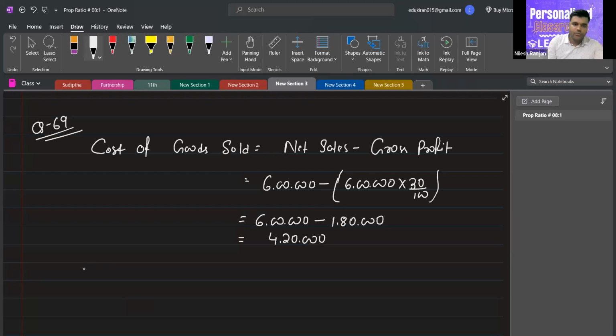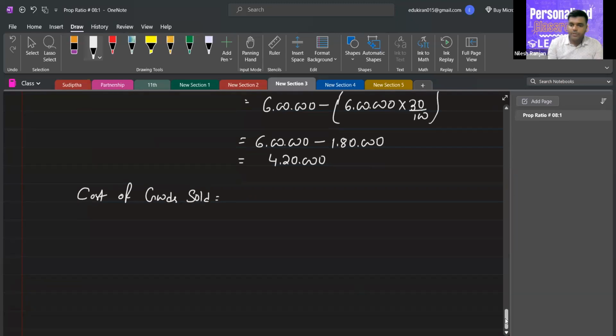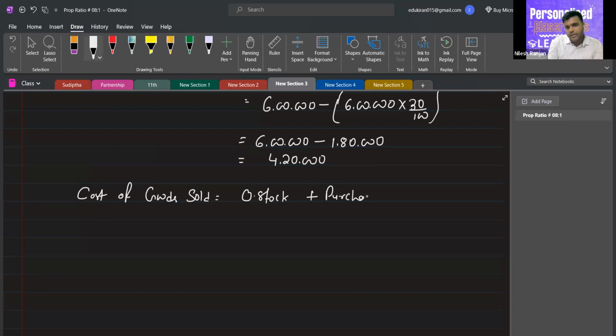Now we can calculate the closing stock by using the first formula of cost of goods sold, which is cost of goods sold equals opening stock plus purchase minus closing stock. Now we have all the information from the previous question.